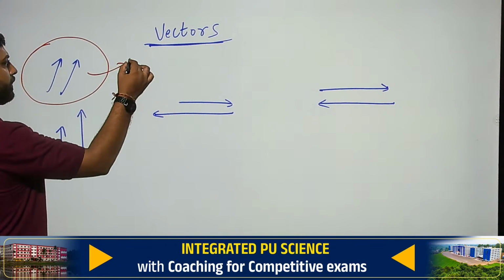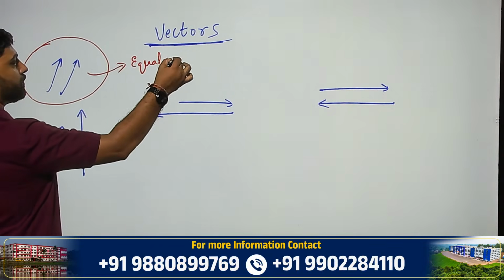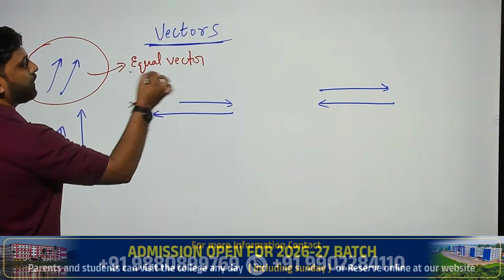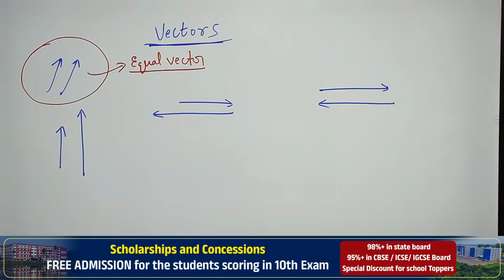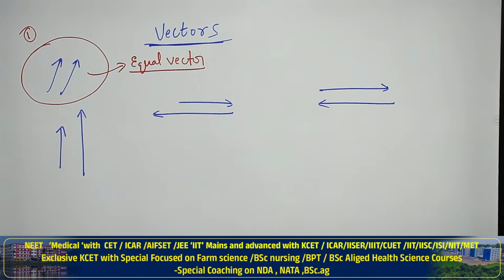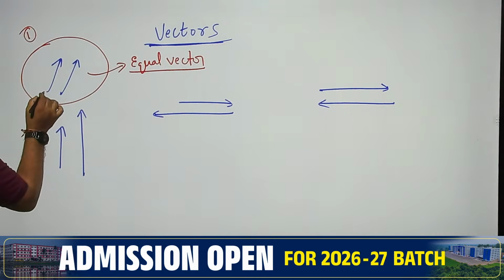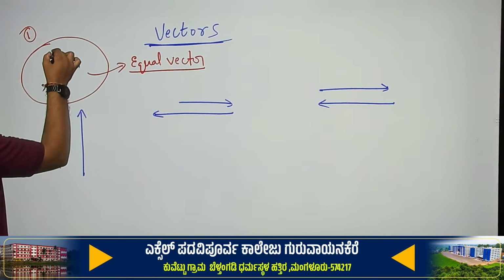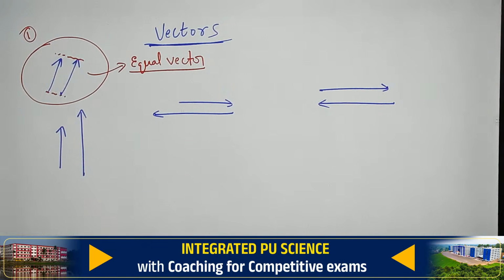Yes, it is parallel, but whether it is an equal vector? This first one is an equal vector. Why? The two vectors are parallel and also the lengths are the same. If length is the same, it means magnitude is the same.